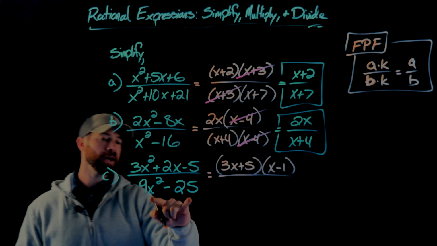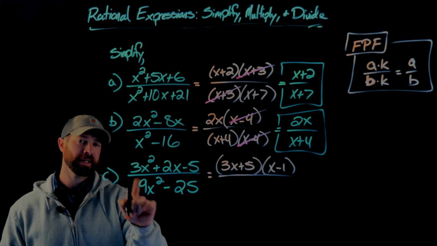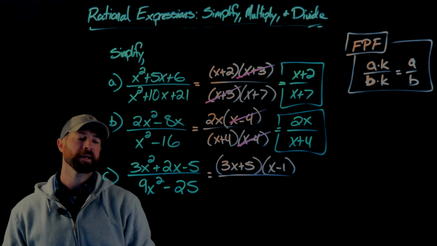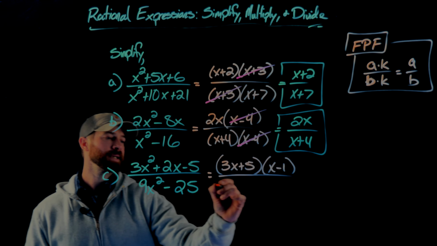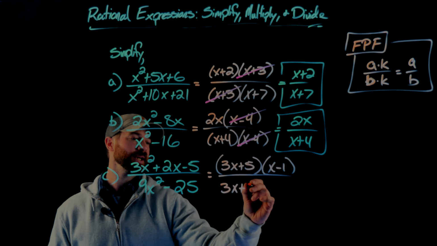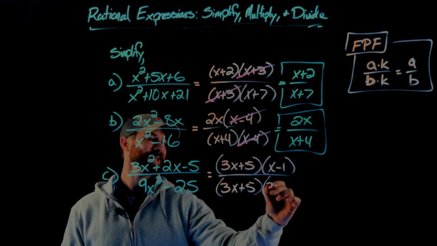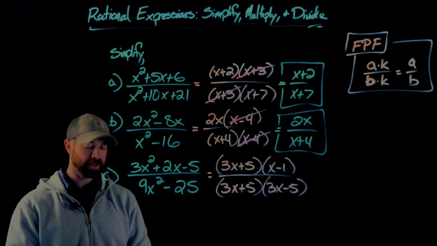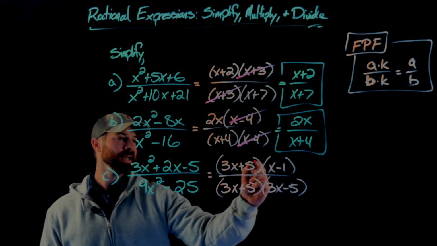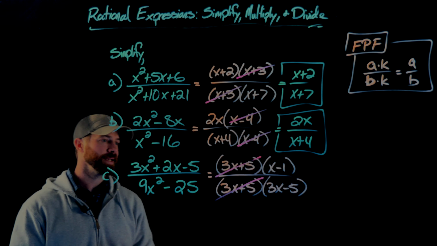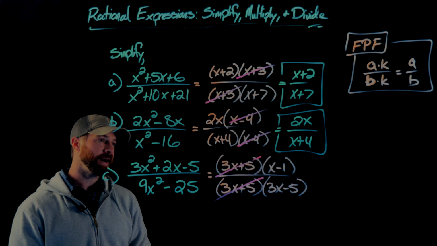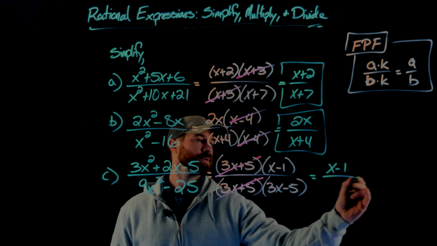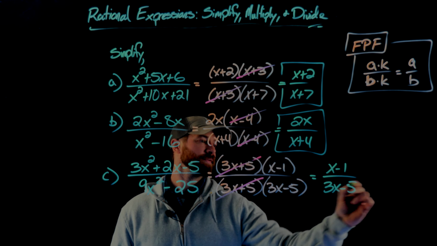And the denominator is another difference of squares with the lead coefficient here of 9, but this is 3x squared, and that is 5 squared, to give me 3x plus 5 times 3x minus 5. And lo and behold, as these are all set up to do, I do get a common factor between these two, giving me a final reduced form of this rational expression of x minus 1 over 3x minus 5.